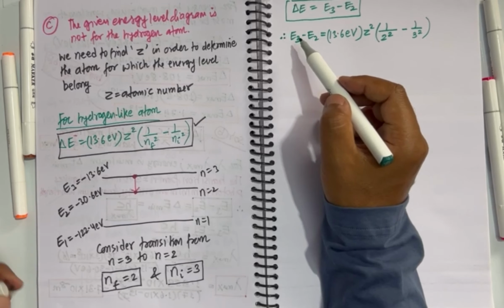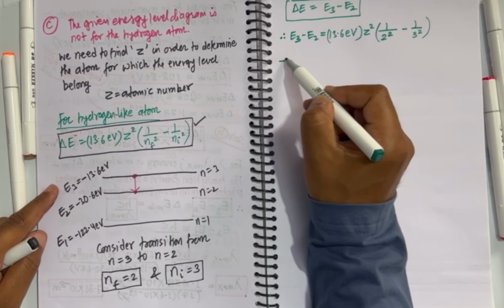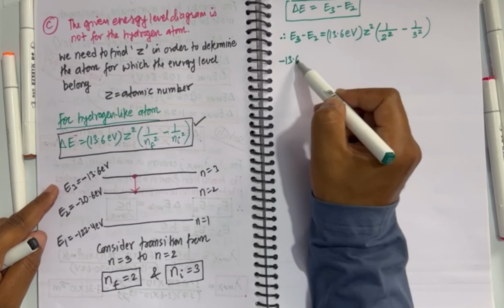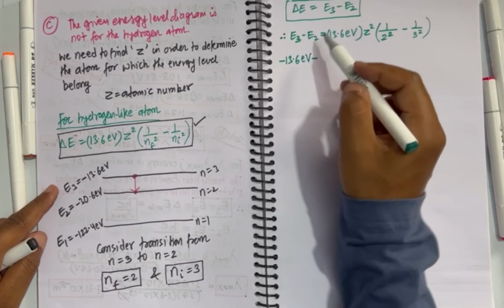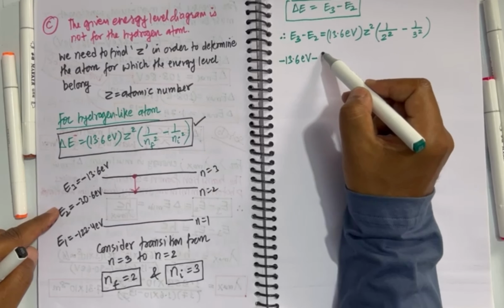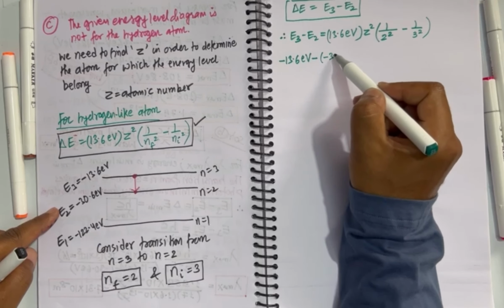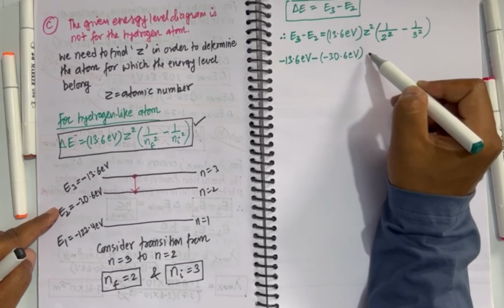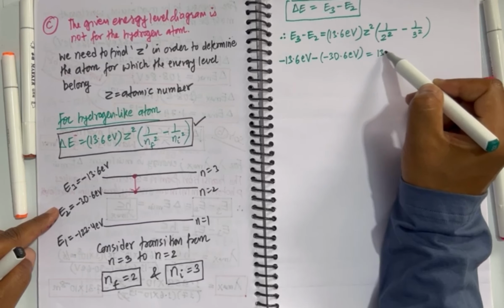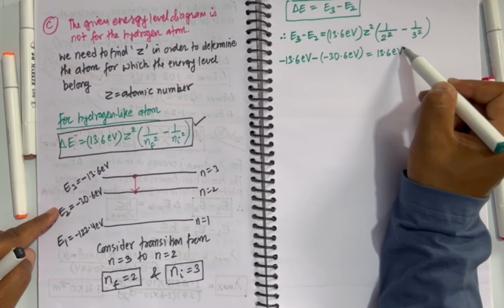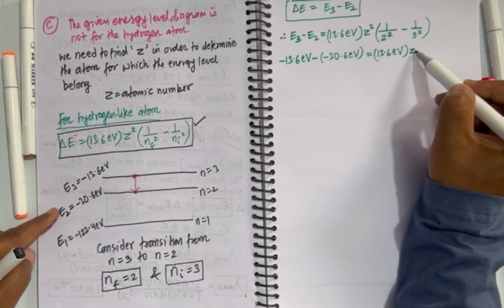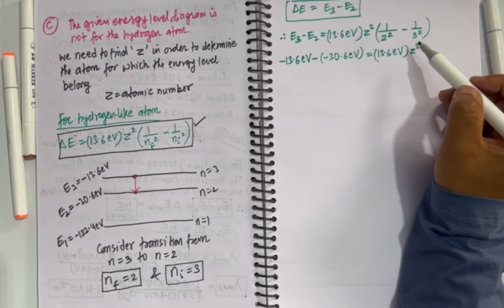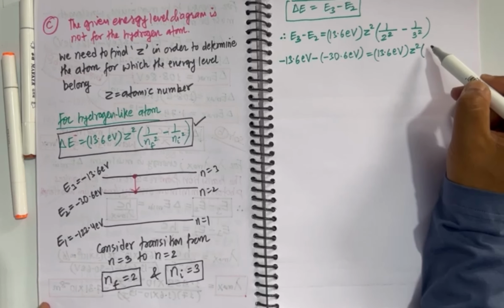E3 is minus 13.6 electron volt minus E2, which is minus 30.6 electron volt, equals 13.6 electron volt times Z square, and we have 1 by 4 minus 1 by 9.